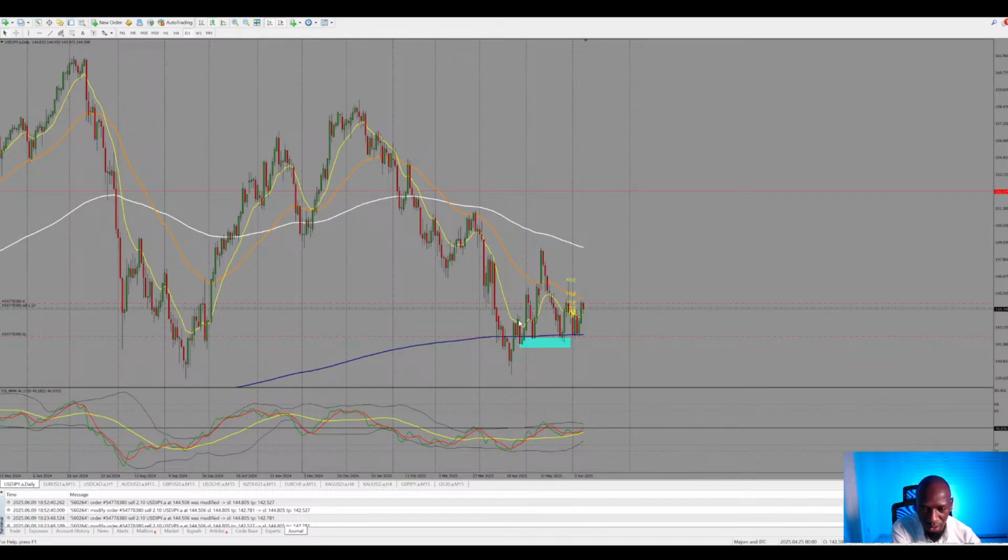This high right here, price came back down and never really touched this low, and then it was able to come back here and break this previous high.